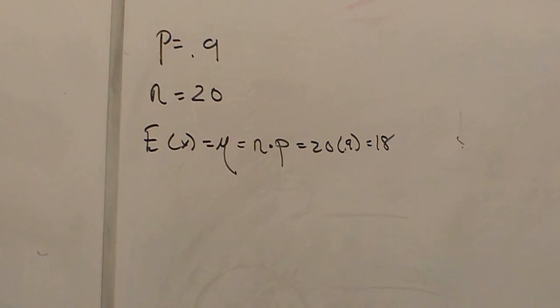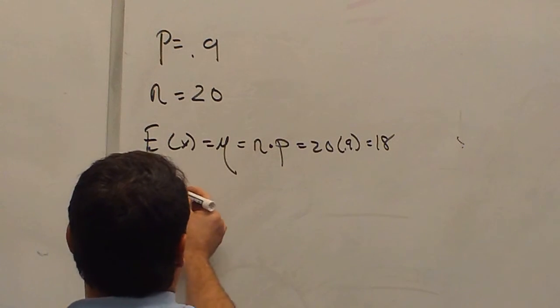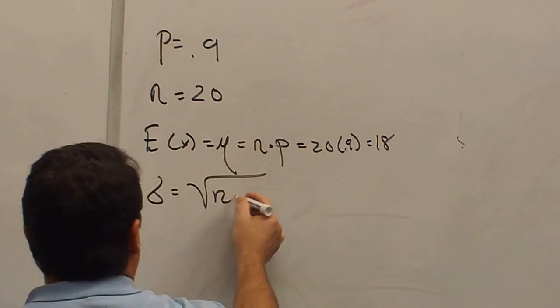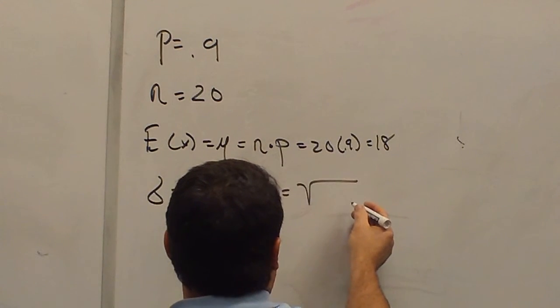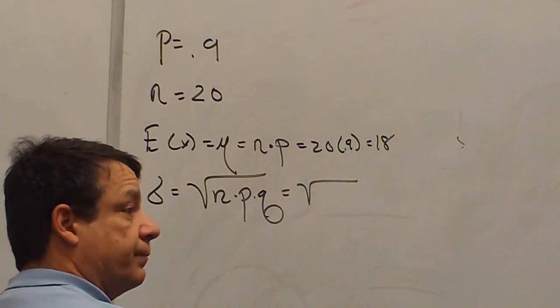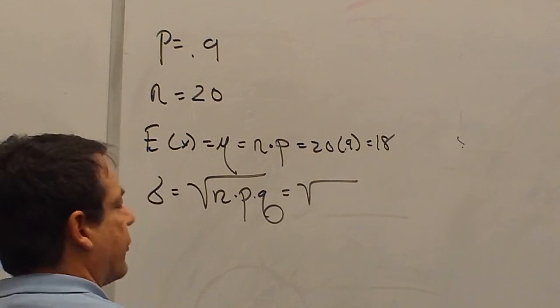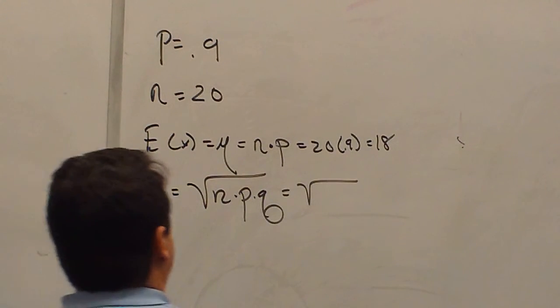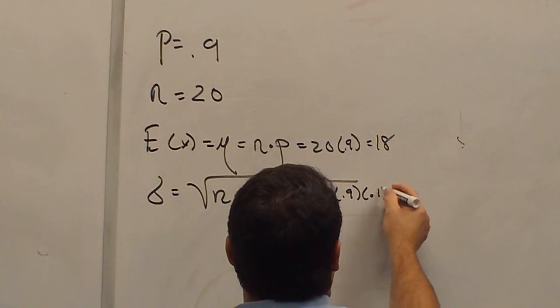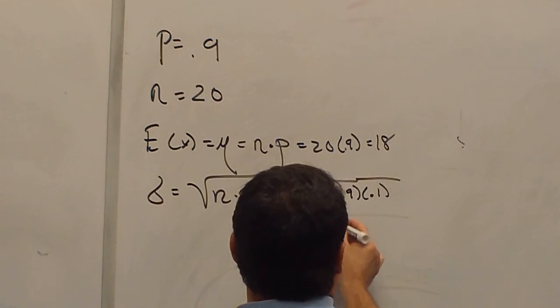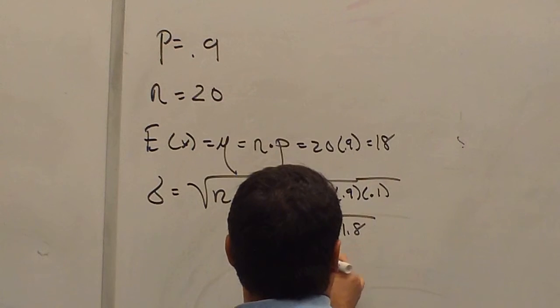Good. What's the standard deviation? The standard deviation for the binomial is the square root of n times p times q. This is 11b right now. So this is 20 times 0.9 times 0.1, which is the square root of 1.8.